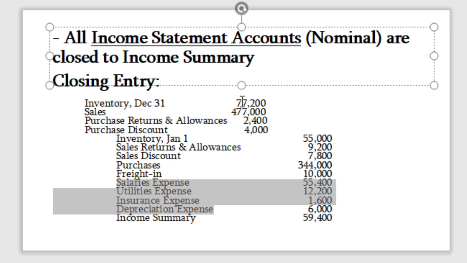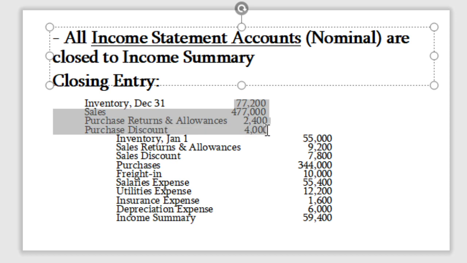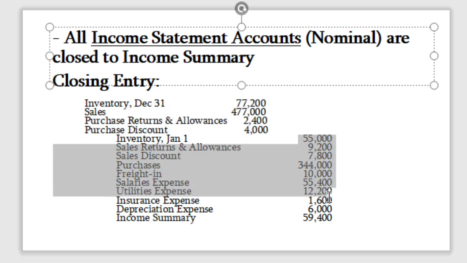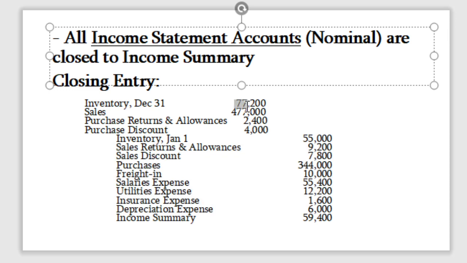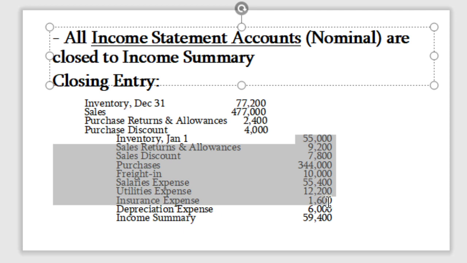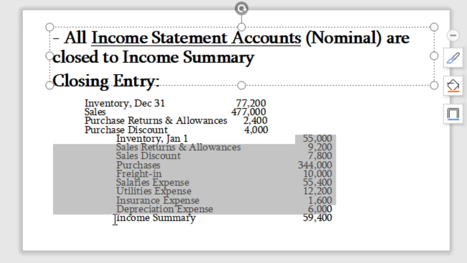So, kung ito-total nyo ito lahat na nasa debit side and nasa credit side natin, mas malaki yung nasa debit side. I think na nasa mga 560 plus ito. And dito sa ating kabila, sa credit side naman is 500, mas lesser siya. So, ibig sabihin, dito natin ilalagay yung ating income summary sa credit side para magbalance yung ating debit and credit. So, yung amount natin is 59,400.